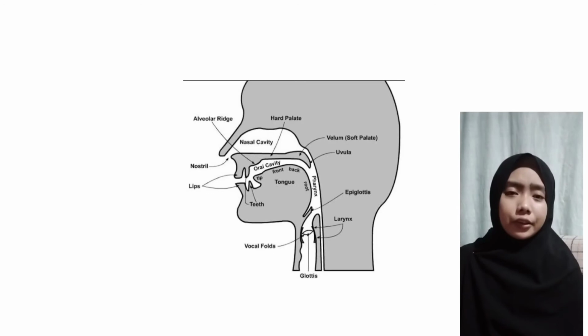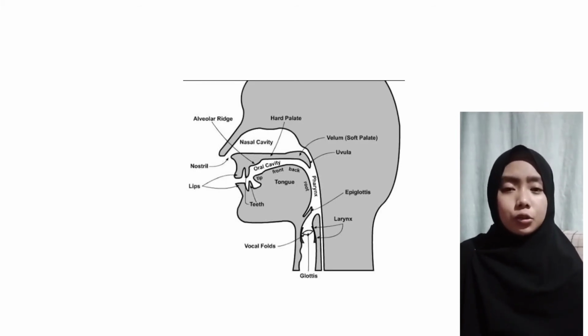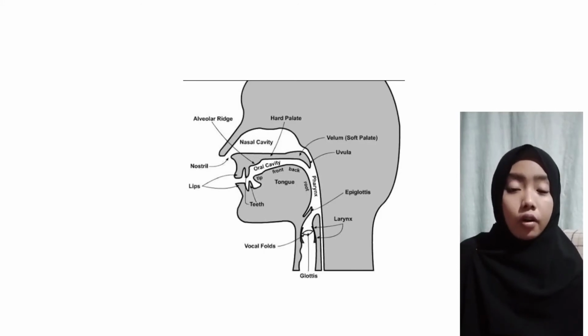Labiodental consonants occur when you block or constrict airflow by curling your lower lip back and raising it to touch your upper row of teeth.